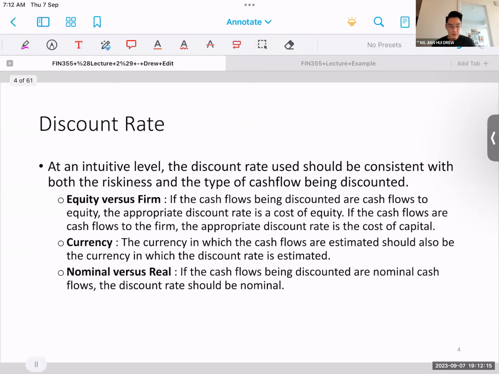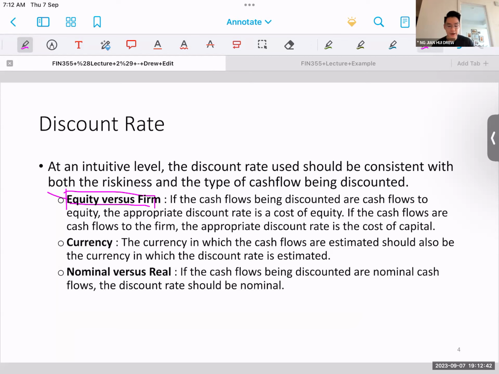A bit more detail about equity versus firm. As I mentioned, this is important. Do not confuse which rate to use, whether it is WACC or RE. We'll look in detail at how to calculate them, and I believe for most of you that is a refresher, as we covered it in other modules.